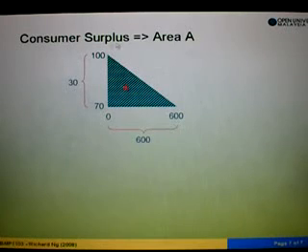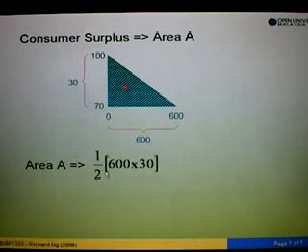In order to find the consumer surplus, as I mentioned, it is represented by the area A, which I'm going to draw here now. From the area A, we have found that the point on top here is 100 and this is 70, so the difference is 30. The width is from 0 to 600, so the width is 600. Therefore, area A, which is a triangle, has the formula half times base times height.